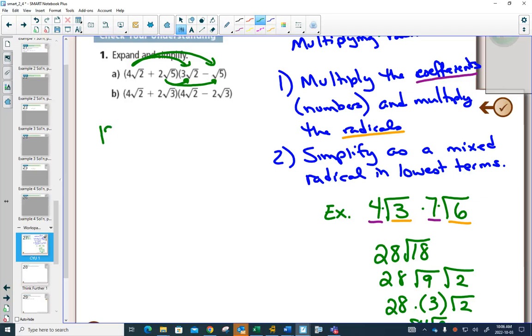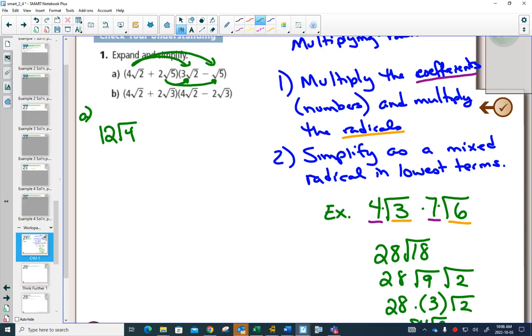That will give you 12. A root 2 times a root 2, I'm just going to write that as root 4 right now. Some of you are going to get really good at the fact that when you multiply a square root of 2 times a square root of 2, you're basically squaring it, which would get rid of the square root sign. It's just going to end up being 2. But I'll write it as square root of 4 right now, and we'll simplify it afterwards.